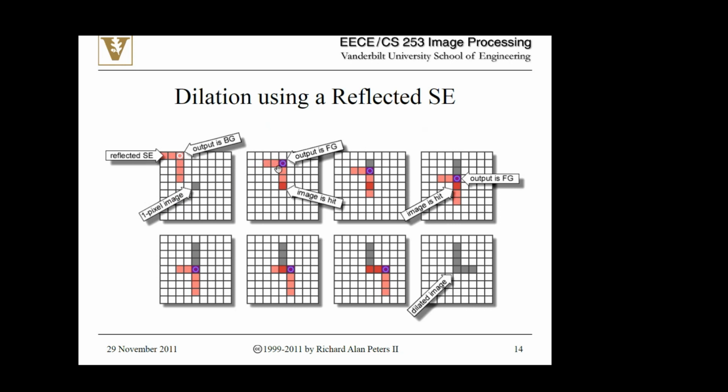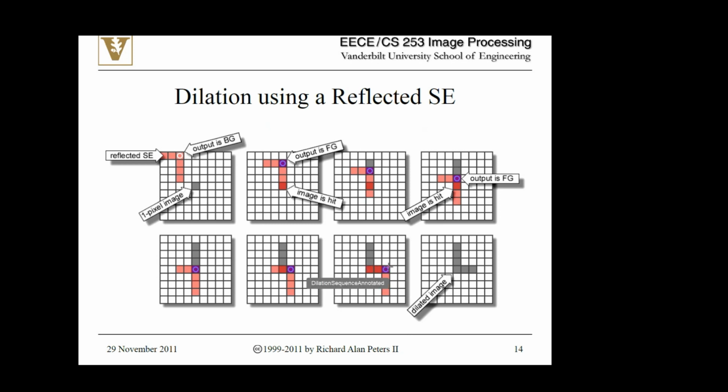Because when I shift the reflected kernel to that location, the intersection with the image is different from zero. And the same for this one, and this one. You keep track of all the points for which the intersection is different from zero. You shift the reflected kernel to this location, then the intersection with this one is different from empty.